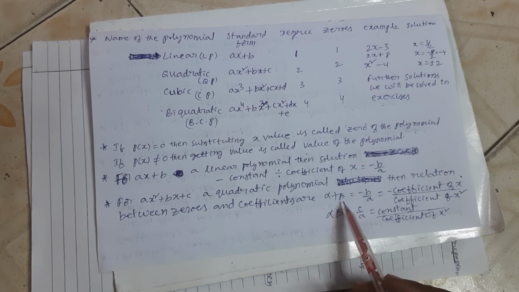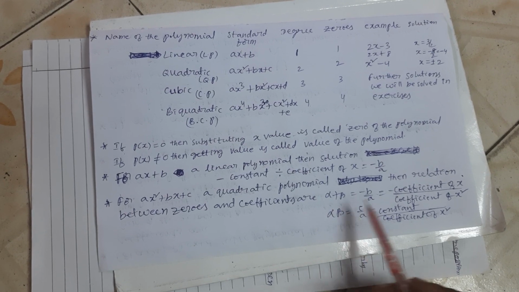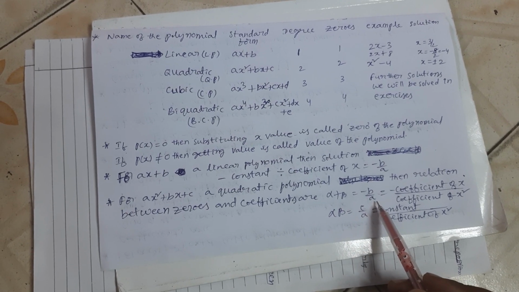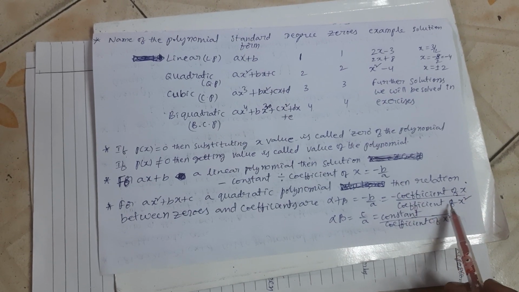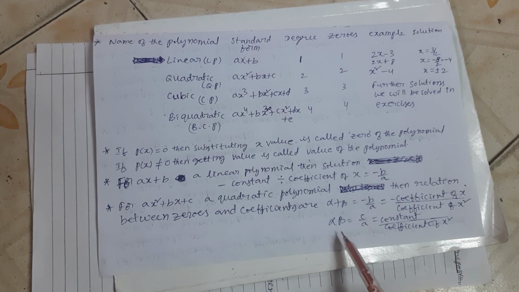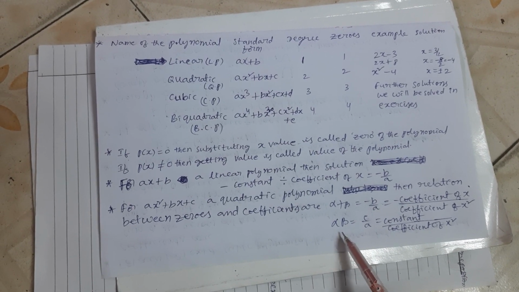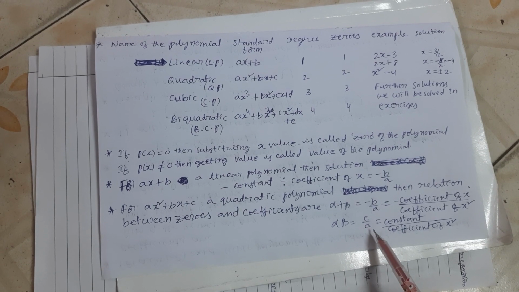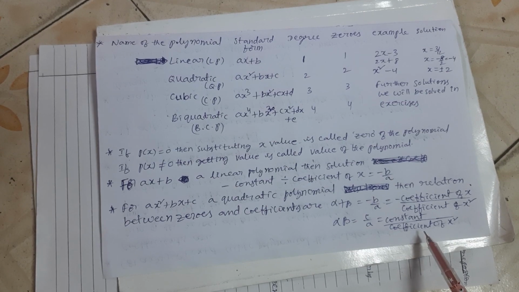Then alpha plus beta, the sum of the zeros, is equal to minus b by a, which is minus coefficient of x by coefficient of x square. Alpha beta is the product of zeros, which is equal to c by a, constant by coefficient of x square.